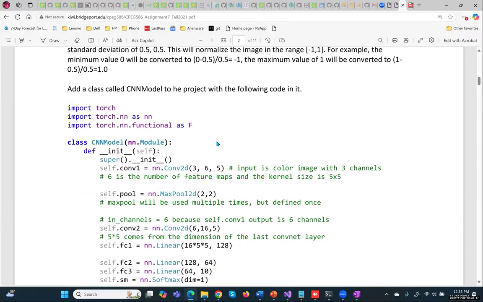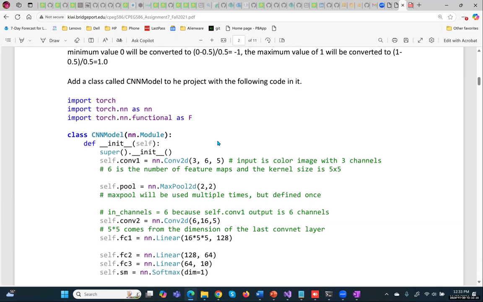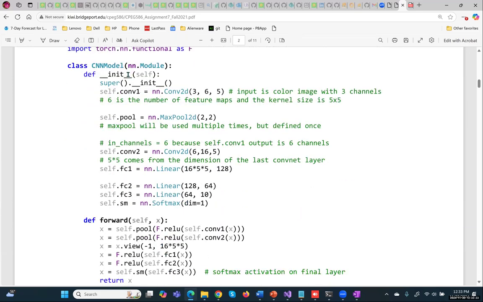So then let's take a look at the network. I'll just quickly show you the setup of the network. Remember the base class is nn.Module. In the beginning, we have nn.Conv2d, meaning in PyTorch we are doing 2D convolutions, right? So 3, and I explain it in comments, is the number of channels. For a color image, it will be 3 channels. 6 is the number of feature maps, or the number of convolutions we are applying, and this is the kernel size.